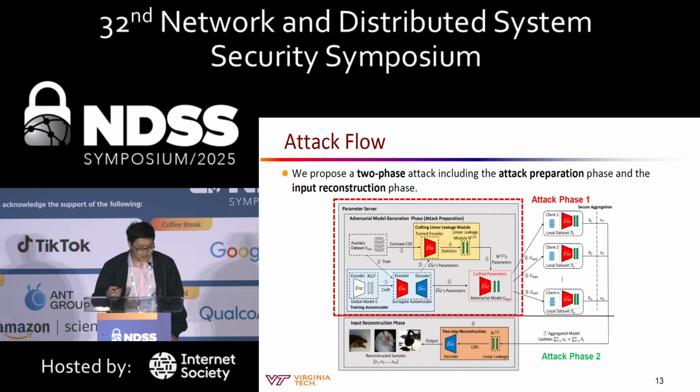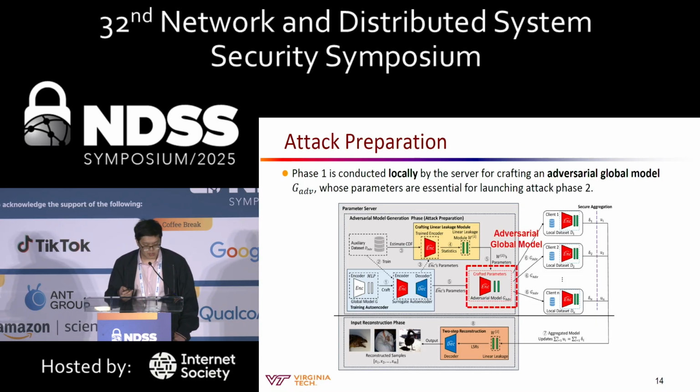Okay, here is the general attack flow of our mechanism. Our mechanism is actually a two-phase attack, including the preparation and the actual reconstruction phase. If you remember, we have talked about the two-step reconstruction. That is referring to only the second phase, the input reconstruction phase. The first phase is conducted purely on the server side.